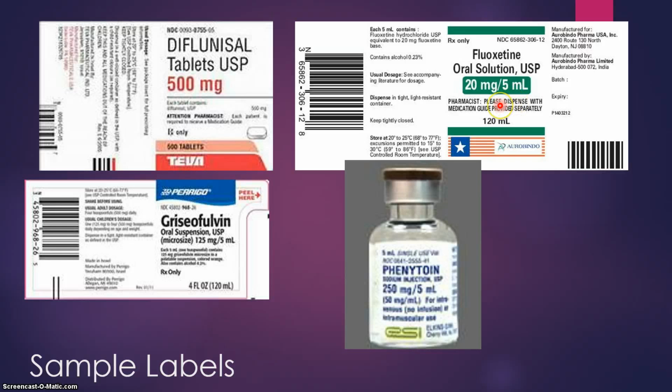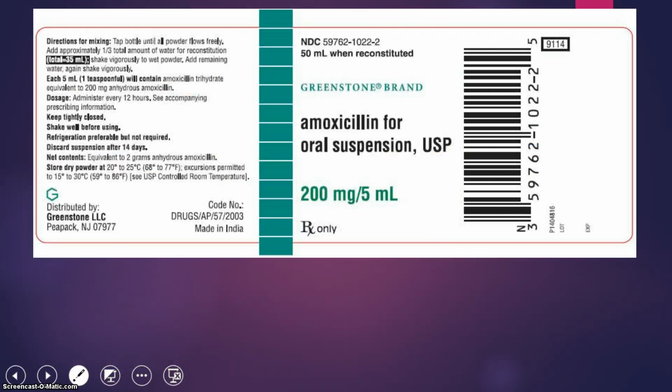Every time the patient takes 5 ml or a teaspoon of medication, they're getting 20 milligrams of the fluoxetine. And the griseofulvin, microsize, so it's 125 milligrams per 5 ml. And the phenytoin, 250 milligrams per 5 ml. And here we have the amoxicillin oral suspension, 200 milligrams per 5 ml.